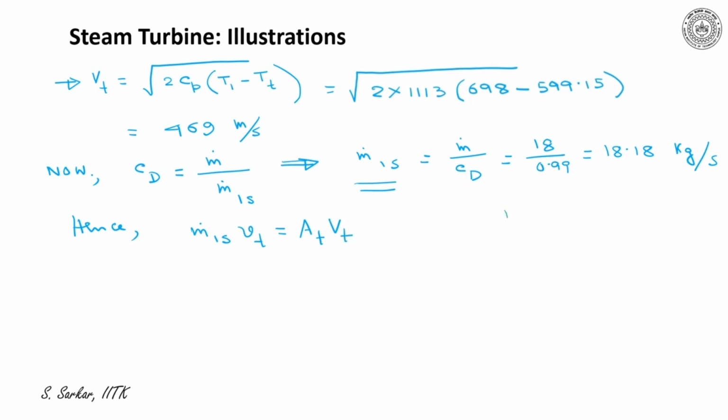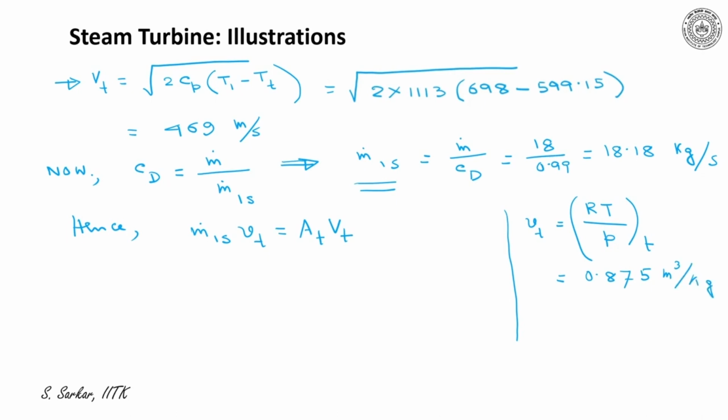Now, I have not yet evaluated the specific volume at the throat. Specific volume at the throat, vt, I can get as R T by P at the throat. I know temperature at the throat, I know pressure at the throat, so I can get vt. If you calculate this vt now, you get 0.875 meter cube per kg.